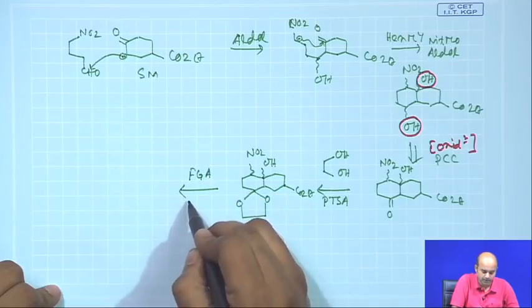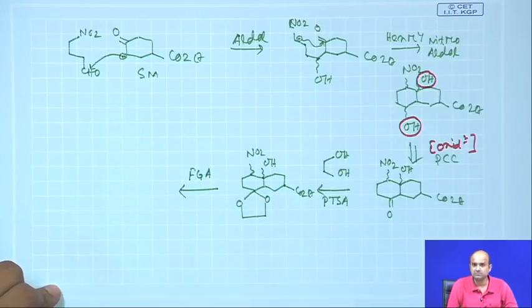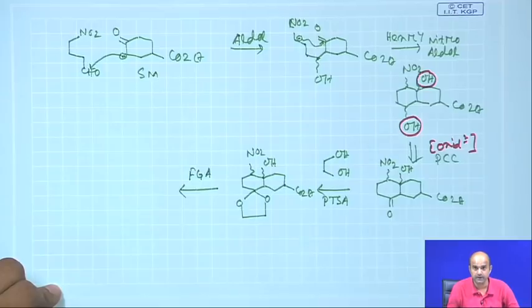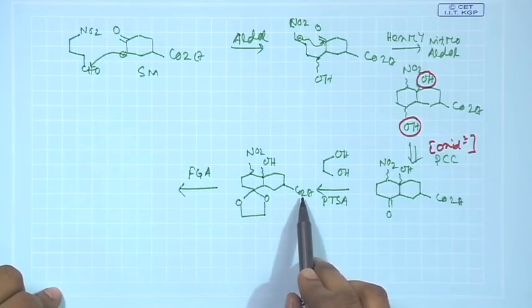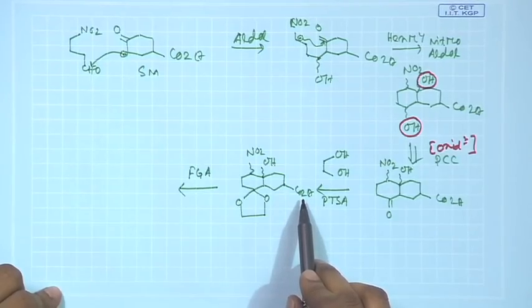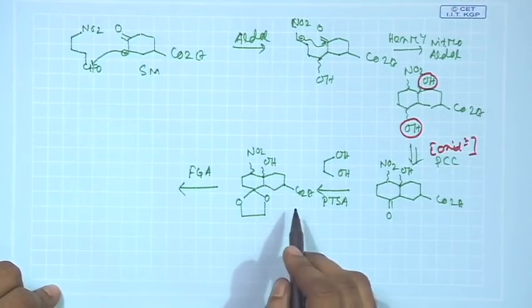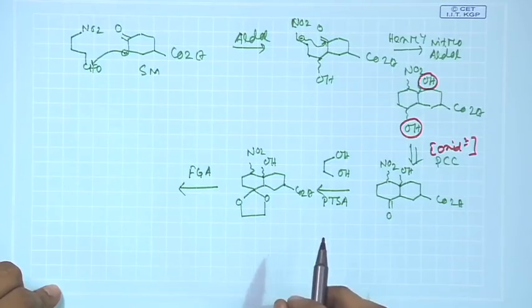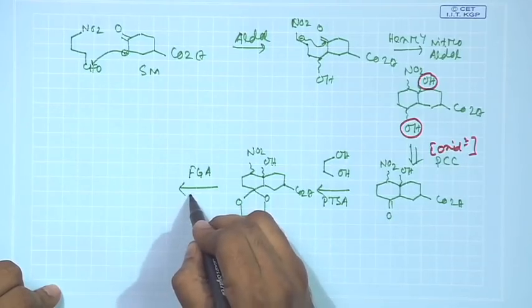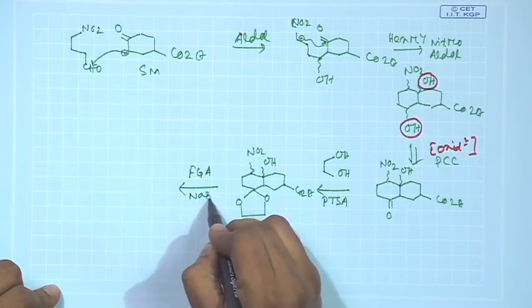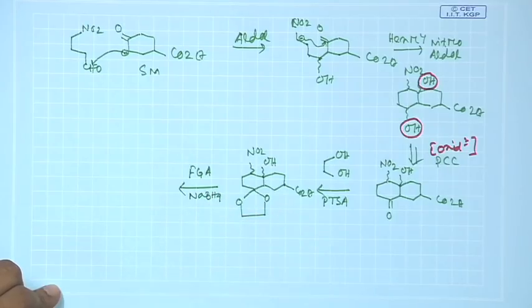The nitro group can be reduced by lithium aluminum hydride definitely, but lithium aluminum hydride we are not going to use here. If you use lithium aluminum hydride, that will also reduce the CO2Et. So, you need a pretty mild reducing agent. Probably sodium borohydride might serve the purpose.